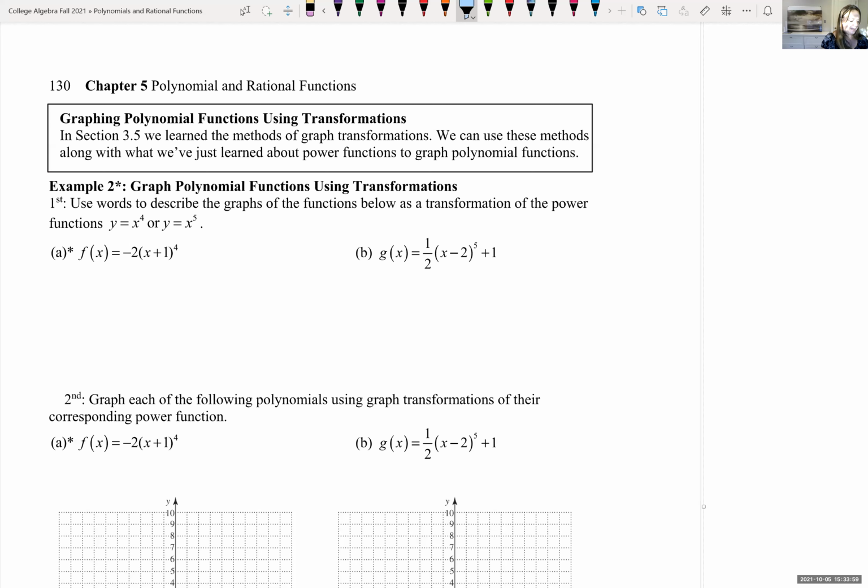So think about part A. Use words to describe the graph of the function below as a transformation of the power function, y equals x to the fourth or x to the fifth. So what are you going to do to the graph of x to the fourth to graph negative 2 times (x plus 1) raised to the fourth power? Think about it, write down what transformations you would do to get that graph.